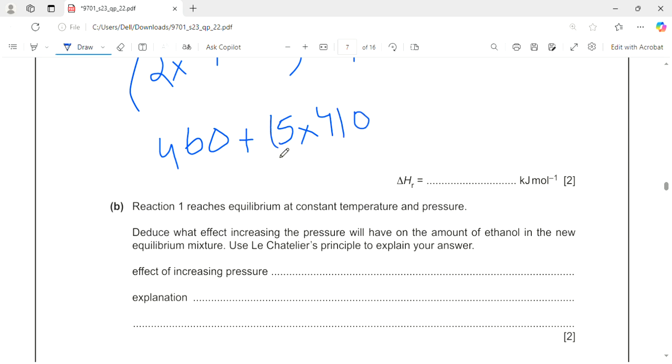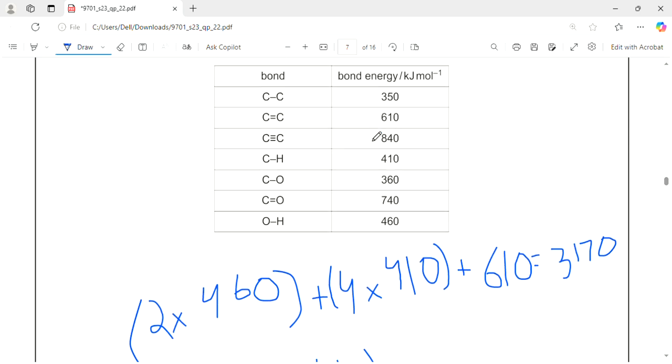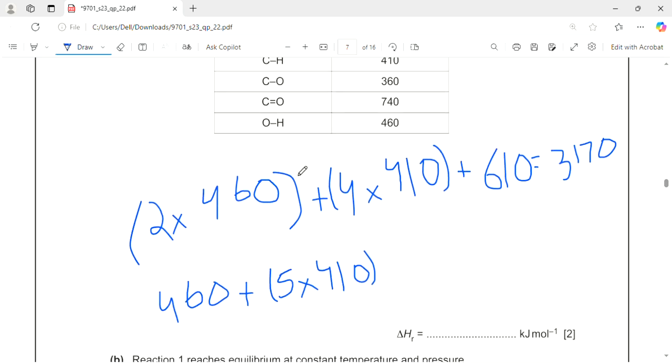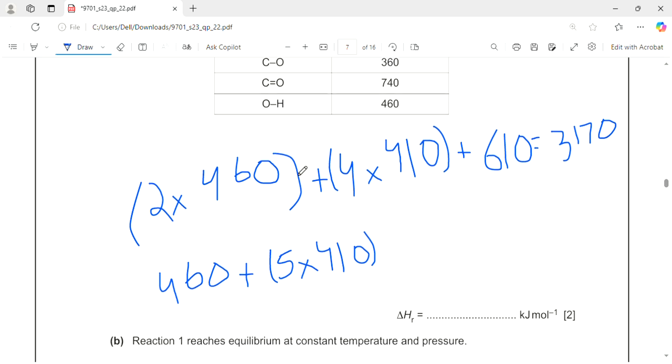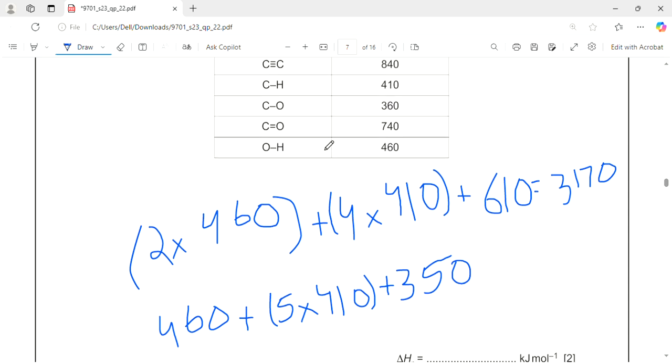Okay, so this is the value, and one carbon single bond we have, which is 350, and plus the carbon and oxygen bond, which is 360.